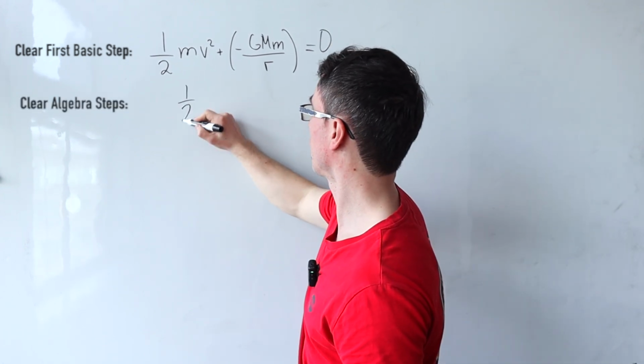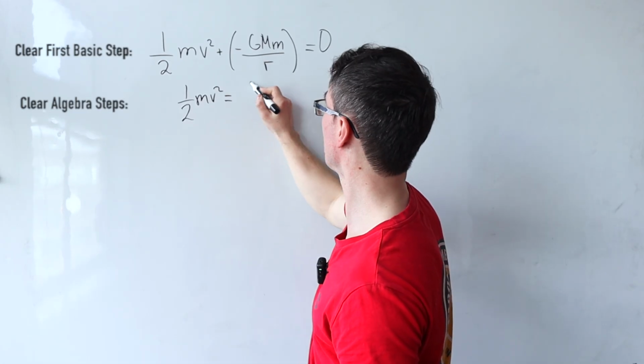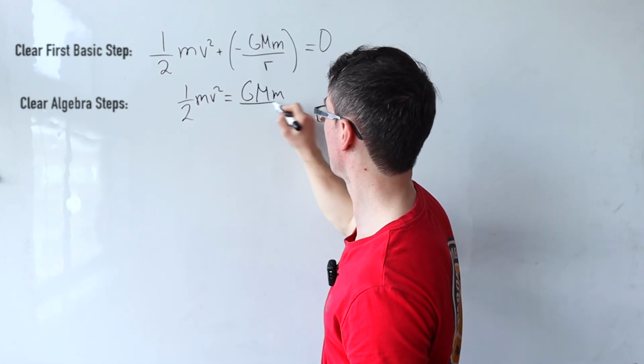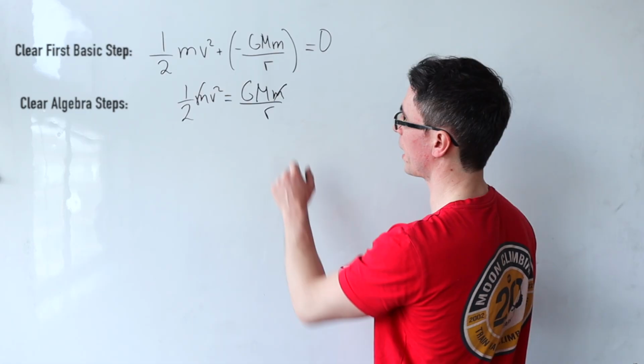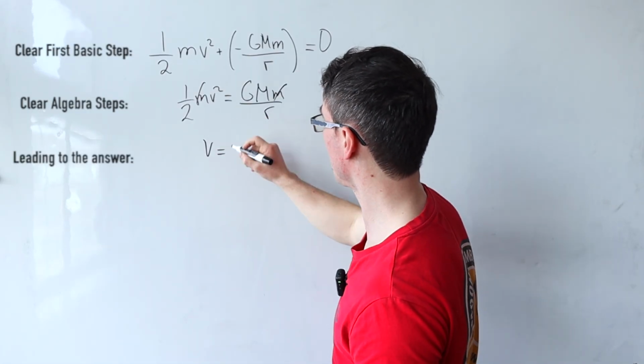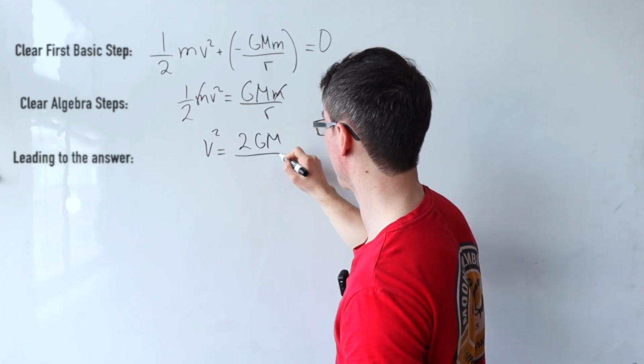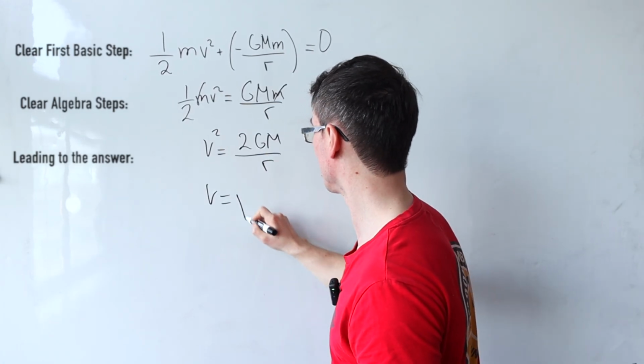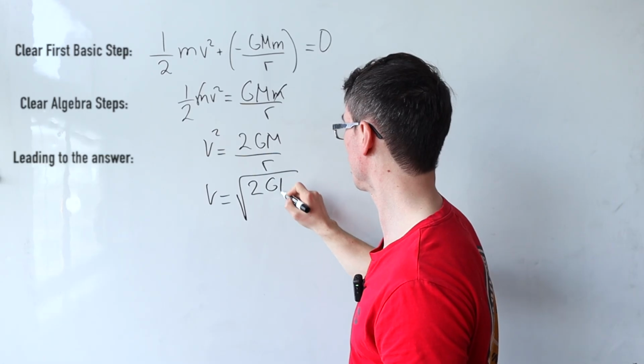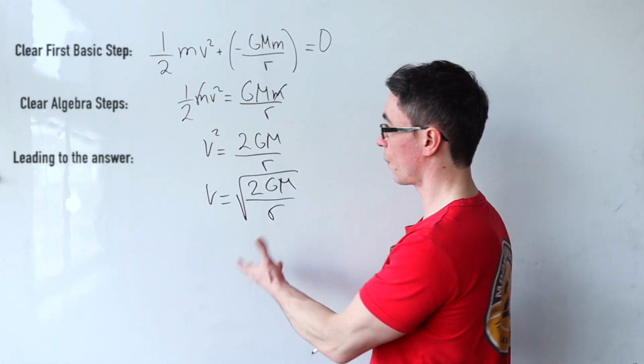Then I'm going to say that a half mv squared is equal to GMm over r. I'm going to cancel out the m's, and I'm going to rearrange for v squared, which is going to be given by 2GM over r, meaning that v will be given by the square root of 2GM over r as required.